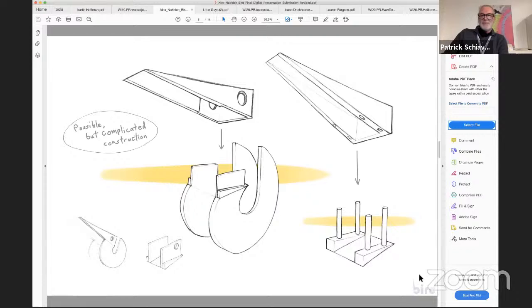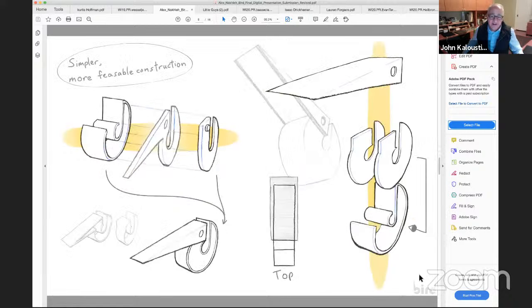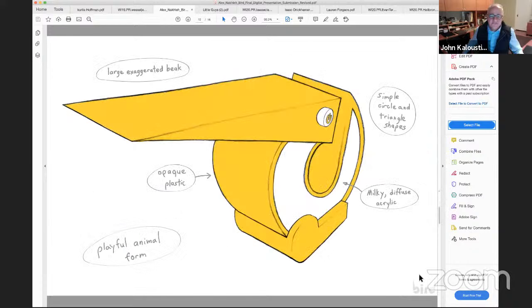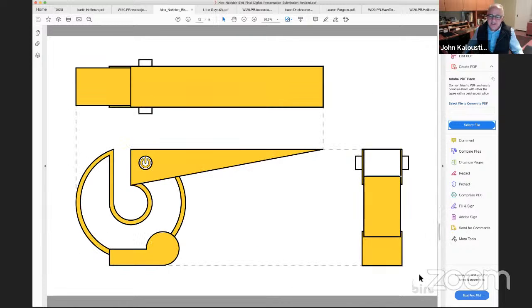So it's important for you to know this, because this is what you're going to learn. We look at how things are made, how they go together, because ultimately things have to get manufactured if we're going to get them out there. So then, more of a final sketch and design.